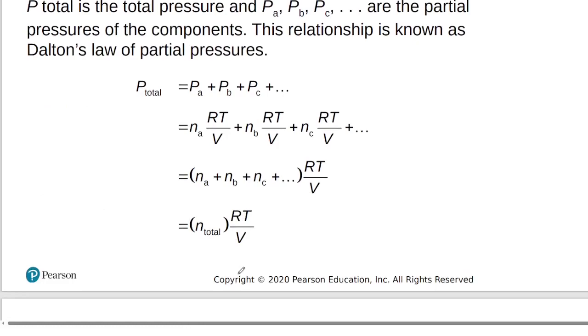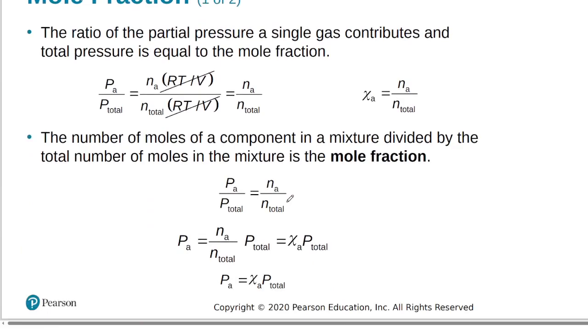All right, and so that gives us some interesting calculations that we can complete using those relationships. The next calculation that we'll do will be with mole fraction. So the ratio of the partial pressure of a single gas to the total pressure is equal to its mole fraction.